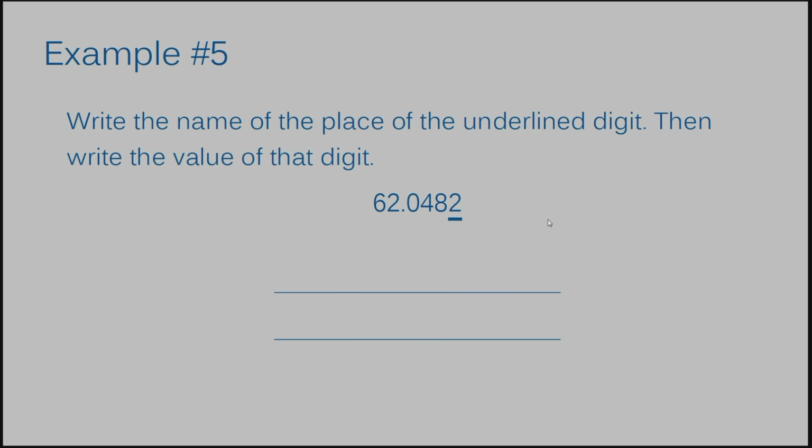Write the name of the place of the underlined digit. Same directions, remember? So the name of the place value of this underlined 2 is ten thousandths. I'm going to write that in.